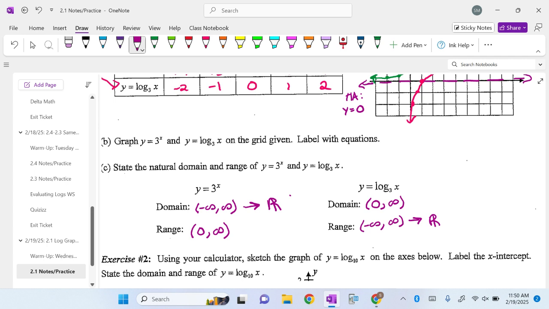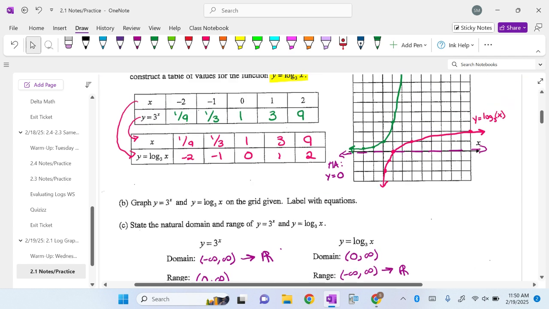Now, let me ask you guys this. If the exponential graph has a horizontal asymptote at y equals 0, the log graph has an asymptote too. But what type of asymptote do you think it will be? It's a vertical asymptote. Where do you think it's going to be? X equals 0.